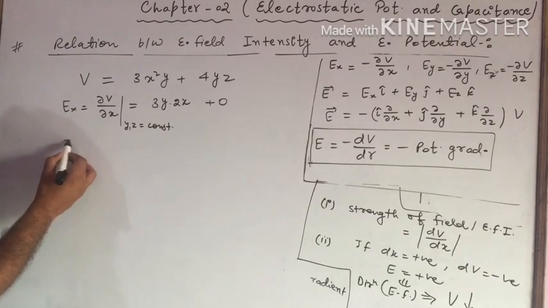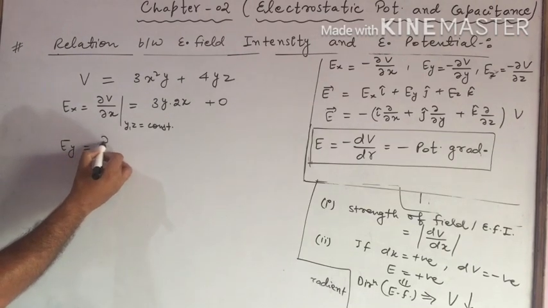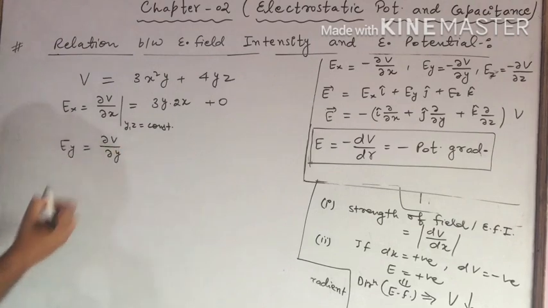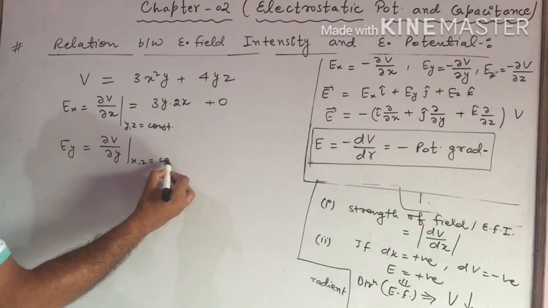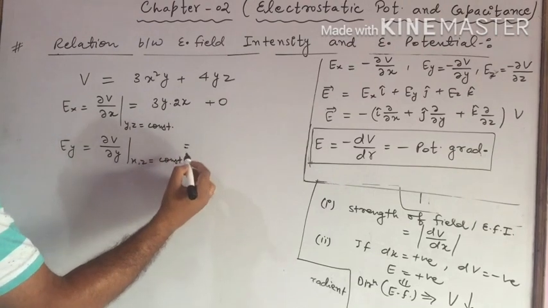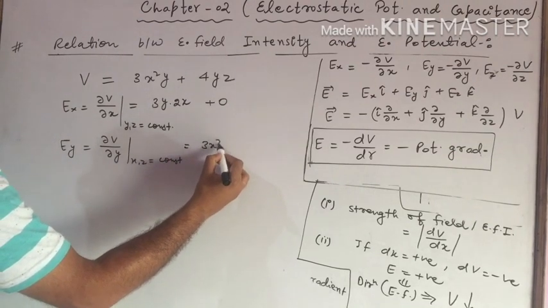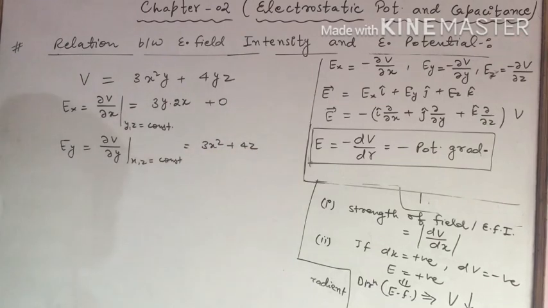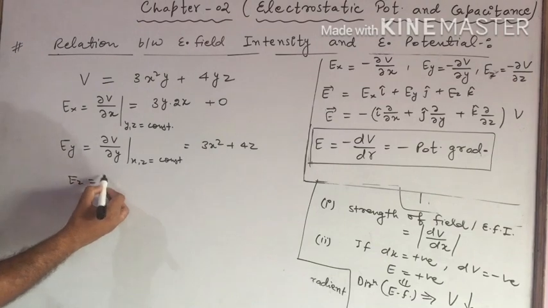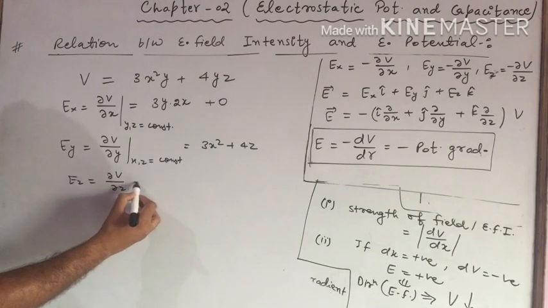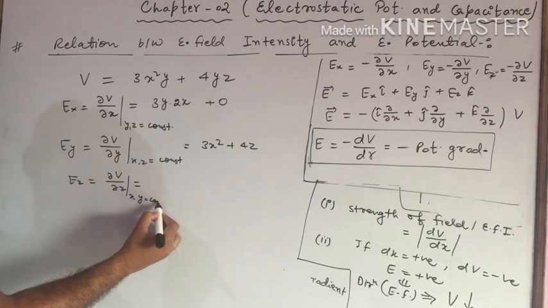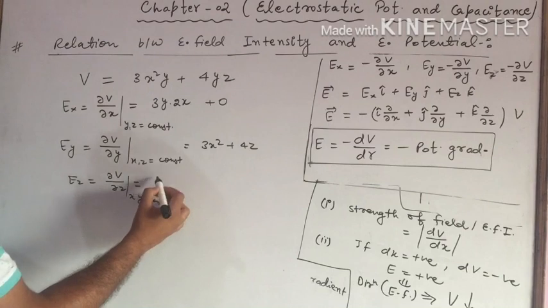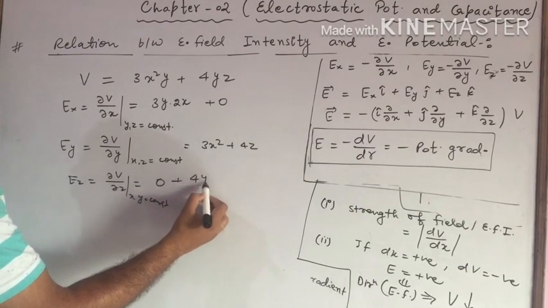In the same way you can find the y component, which will be del V over del y. You differentiate it, x and z will be constants, so it will give us 3x square plus 4z. And for the z component, now x and y are constant, so it gives us 0 plus 4y.